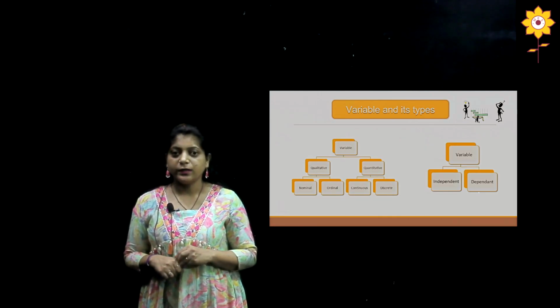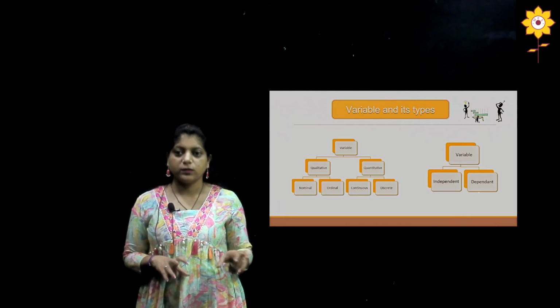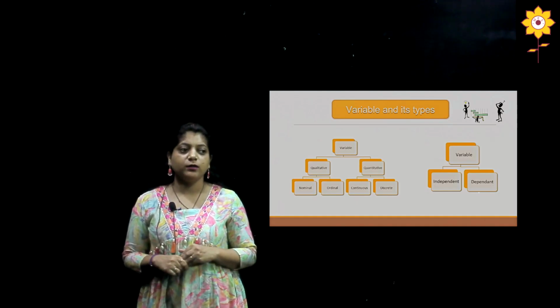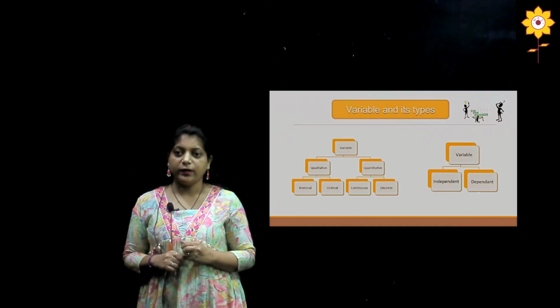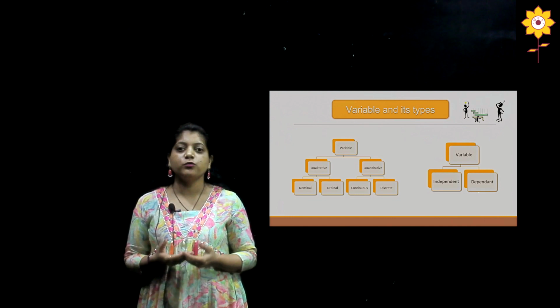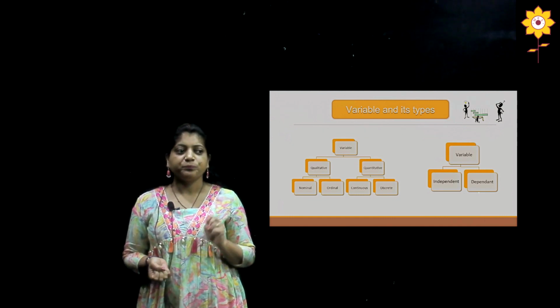In the continuous data, the data which is represented in the form of fractions, in the form of decimal values, we consider as continuous quantitative data or variables. And for the discrete, where complete numbers are used to represent the data, we call it discrete data.